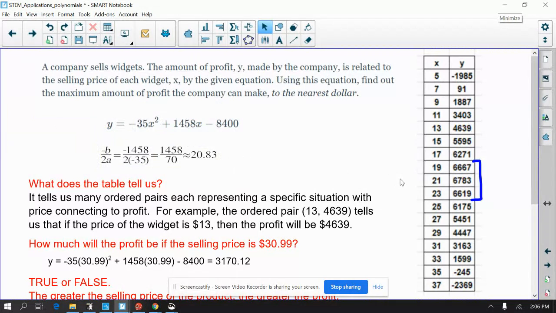So that's it. That's the magic number. So in between 20 and 21, $20.83 will give me the greatest profit.